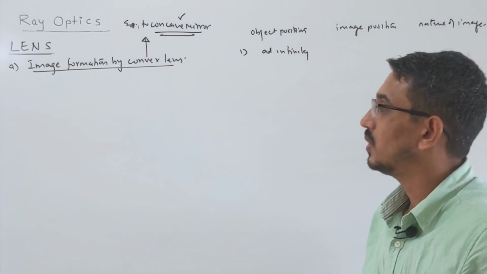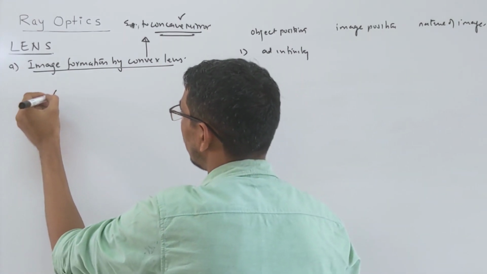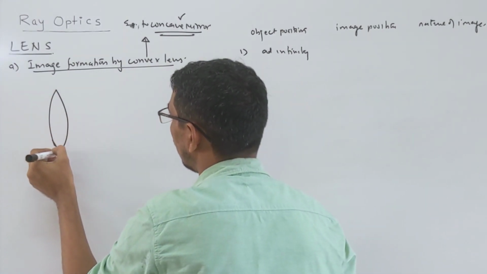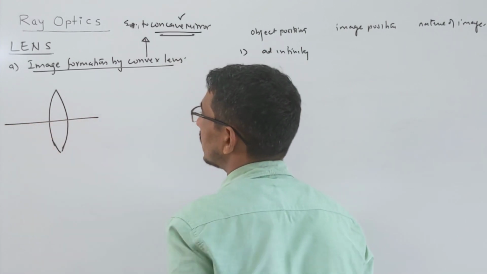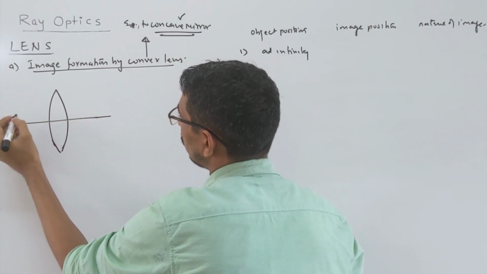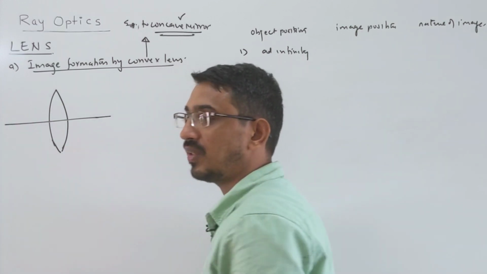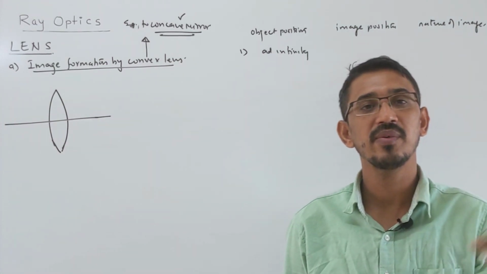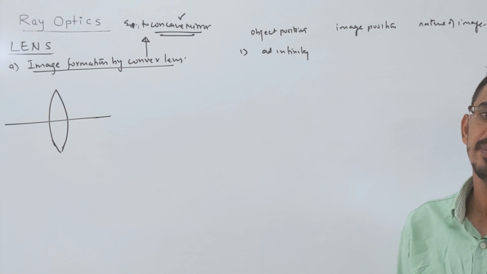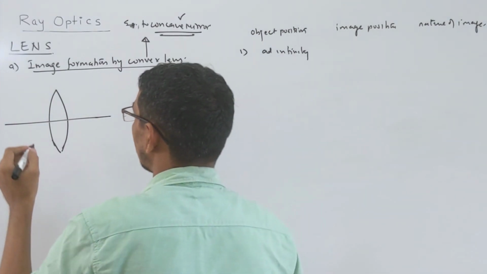Let's see. This is your lens and this is your principal axis. The object is placed at infinity, so the rays will become parallel. Suppose some parallel rays are coming.